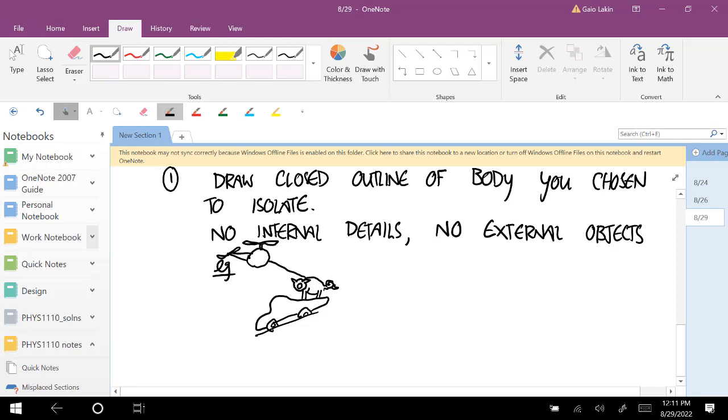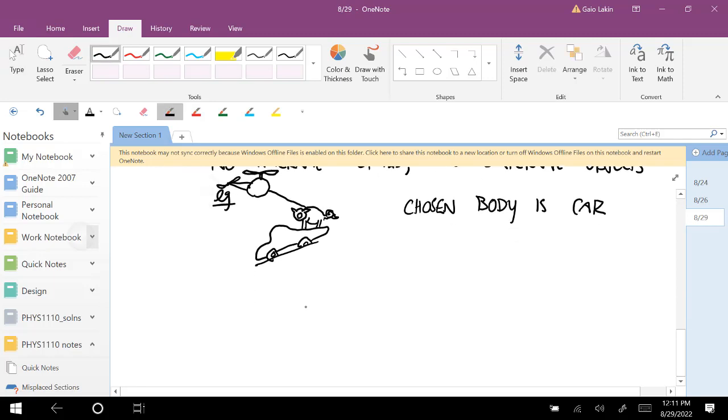Okay, so that's going on, and say that you want to isolate the car. The chosen body is the car. Then your free body diagram starts with just that.